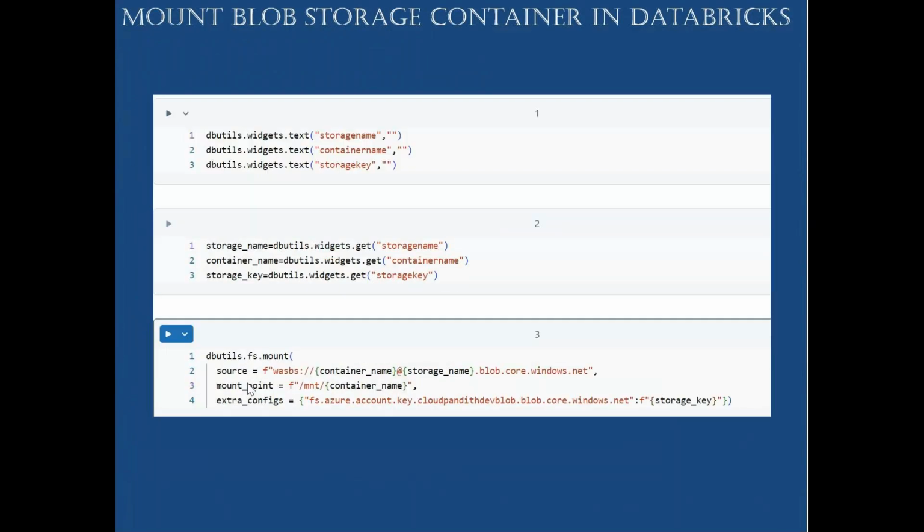Mount blob storage container in Databricks, I just want to quickly revise today. What are these? Widgets. Creating the widgets is nothing but creating parameters. What are you doing here?